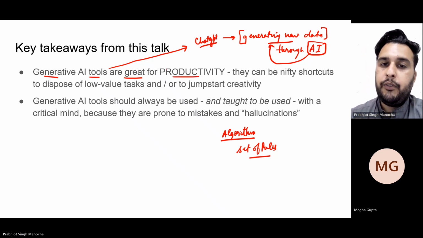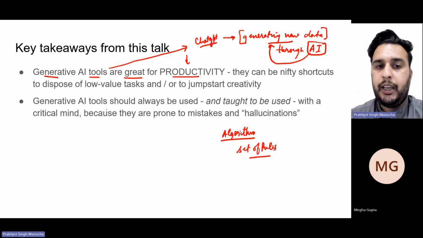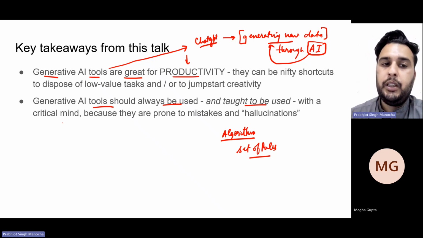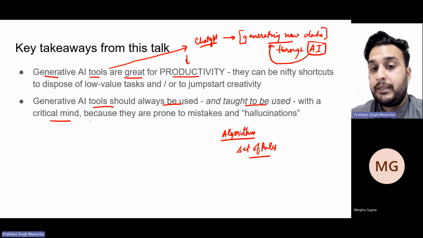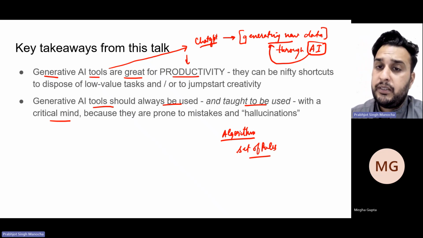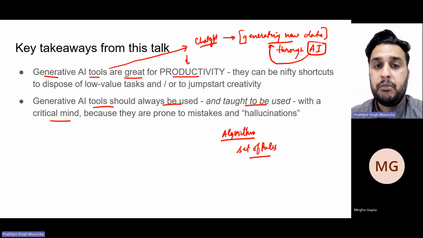In this talk, we will focus on how these tools can be great for productivity, and how they should always be used with a critical mind, right? Because while they have so many advantages, they are also prone to mistakes and hallucinations, which can produce new results. But how these results are being produced or generated, that's what we are going to discuss here.